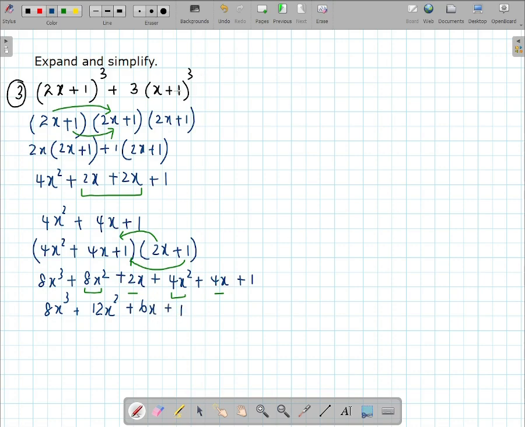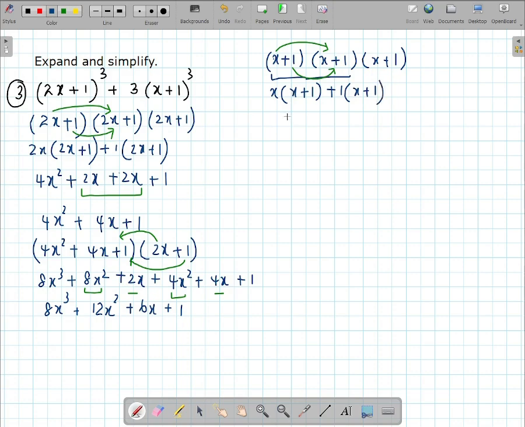Then I'm going to expand (x plus 1) to the power 3. x plus 1 times x plus 1 times x plus 1. So first expand these two. x times x plus 1, then plus 1 times x plus 1.